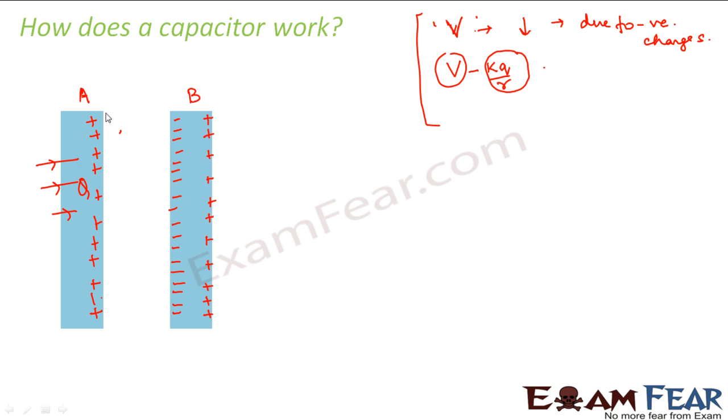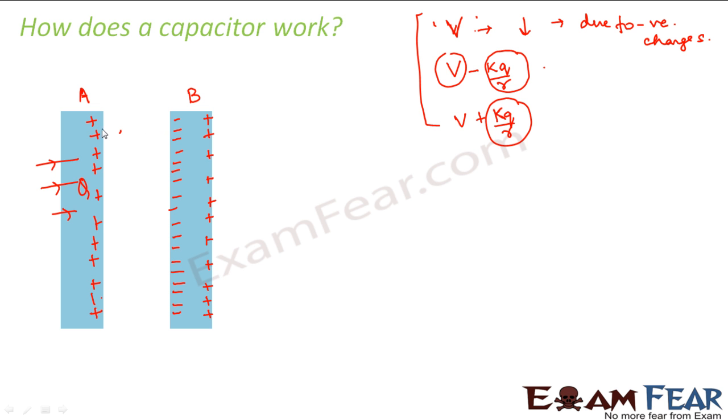Similarly, the potential at A will increase because of the positive charges, by this amount. So there are two things happening: the potential can decrease because of the negative charges, and it can increase because of the positive charges.